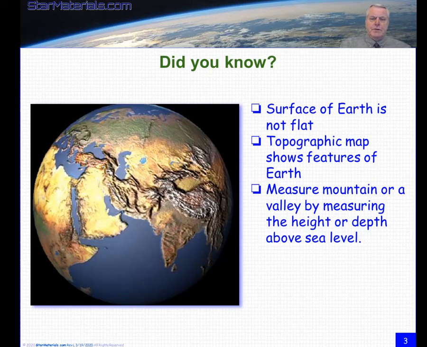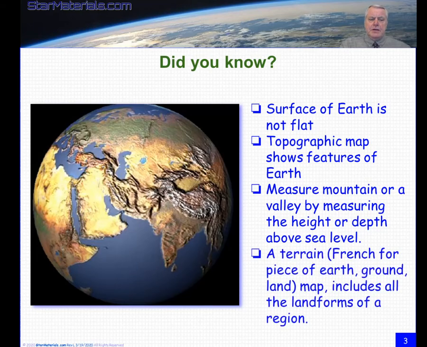So this way we have a constant way of measuring. A terrain map includes all the landforms of a region. Now the word terrain is French and it comes from piece of the earth or ground or the land. So a terrain map includes the landforms of a region.